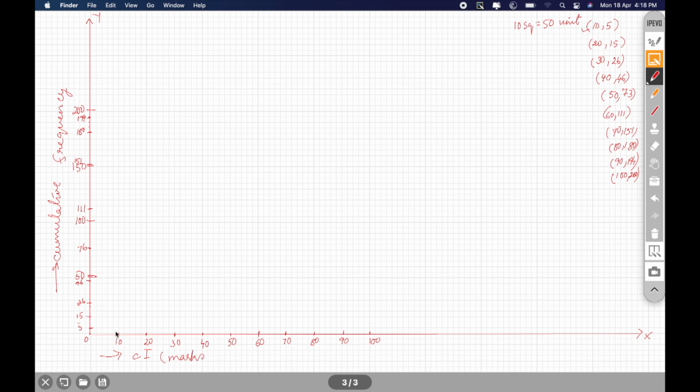10 with 5, so the first point is this, then 20 with 15, second point is this, then 30 with 26, so we have 26 here, then 40 with 46, you can see 46 is here, next 50 with 73, so 73 has to come below 76, so somewhere here is the position of 73.